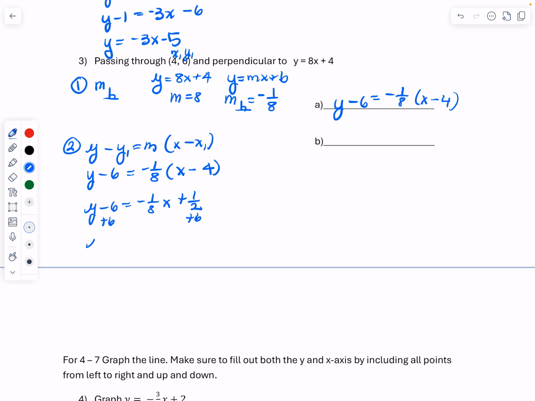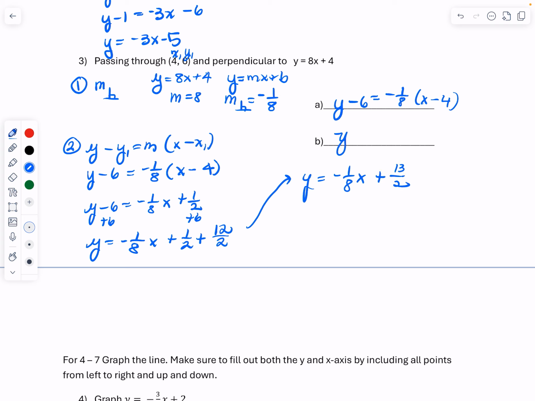So y equals negative 1/8 x plus 1/2 plus 6. Now I'm going to turn 6 into a denominator of 2, so this becomes 12 over 2. So finally, y equals negative 1/8 x plus 13/2.